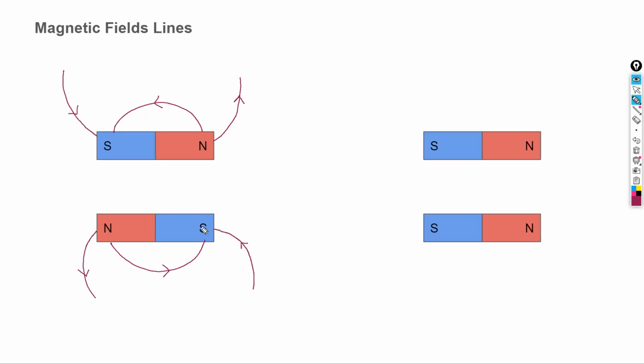Now, won't there also be a north to south here? And a north to south here as well. But also, you notice the north and south here. So you have to connect these 2 as well. And this one goes upwards from north to south.